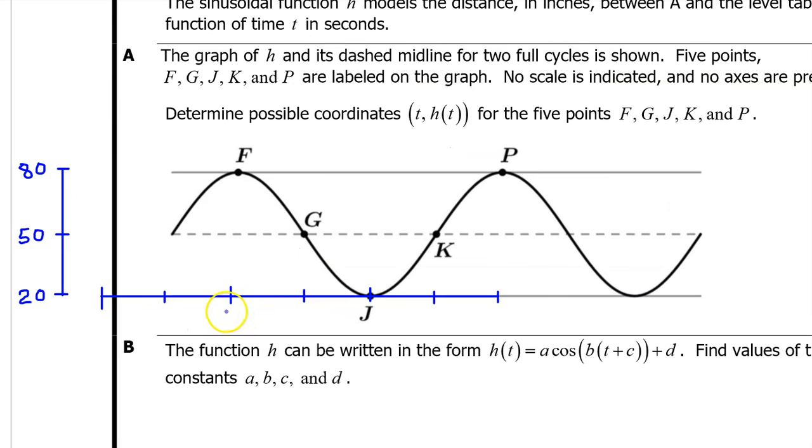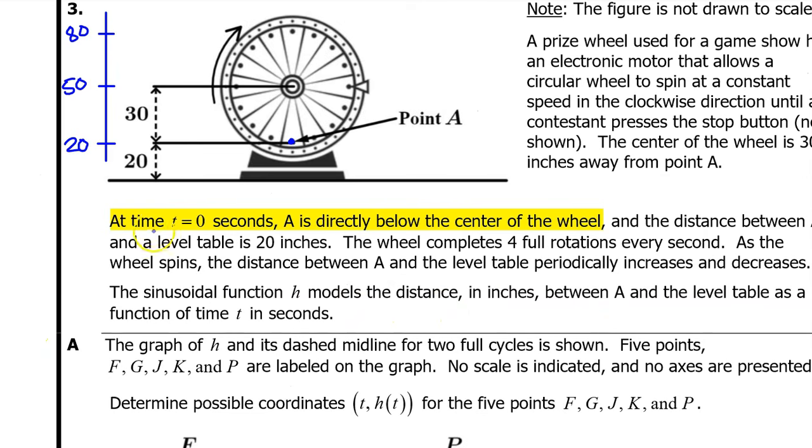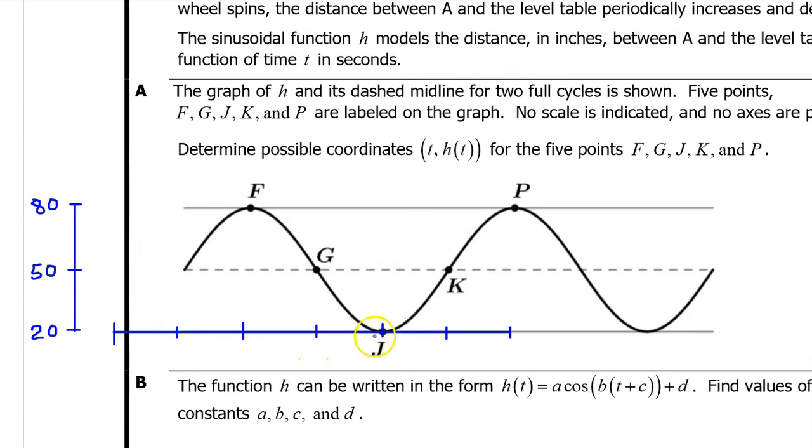Now we just need to find the input coordinate of each point. At time t equals 0 seconds, point A is directly below the center of the wheel. So at t equals 0, point A is at a low point. Therefore, we need to pick a low point and call it t equals 0. For example, we could call this t equals 0.